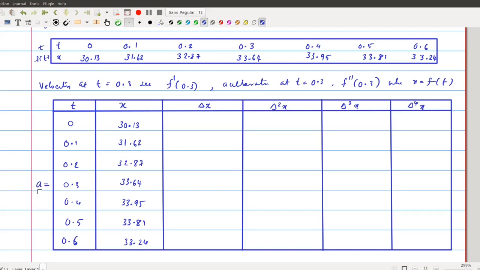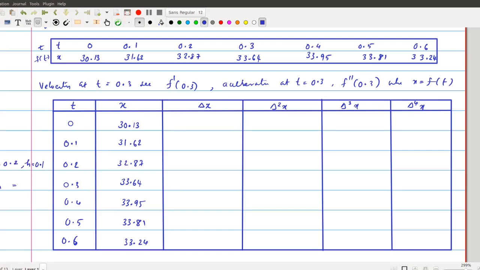This is our a plus th, and a is equal to 0.2 and our h is equal to 0.1, the spacing is 0.1. Then what is a plus th?